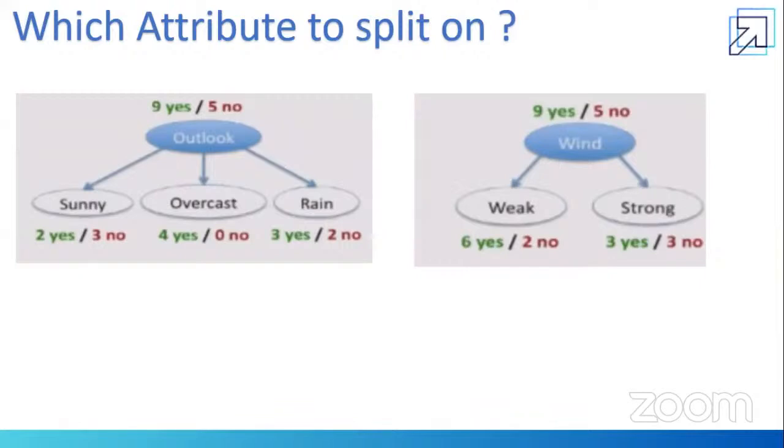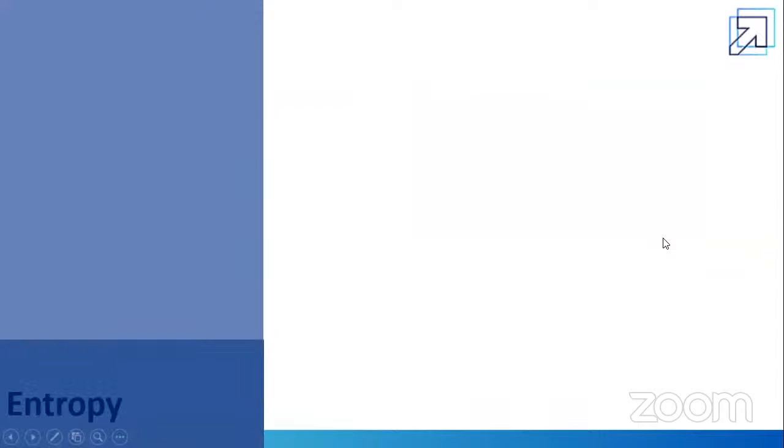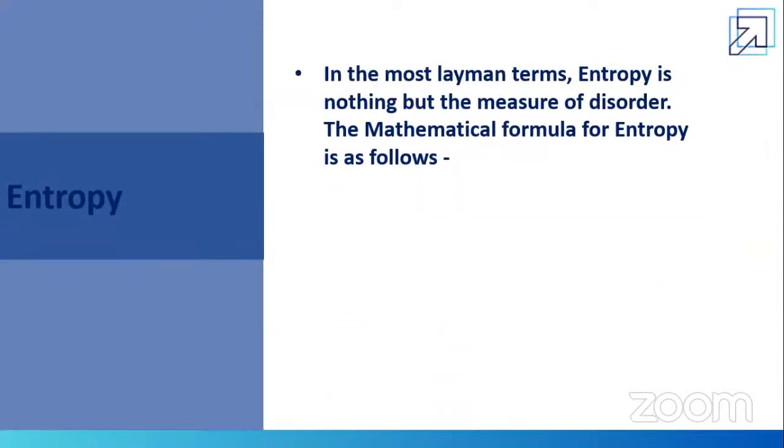Here information gain and entropy come into the picture. So now let us first see what entropy is. In layman terms, entropy is nothing but the measure of disorderness, the measure of impurity.